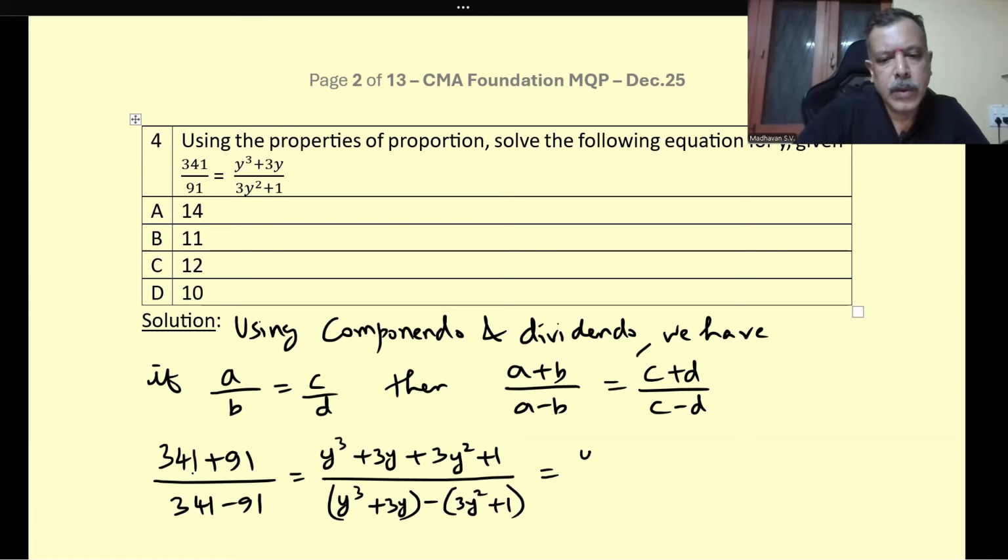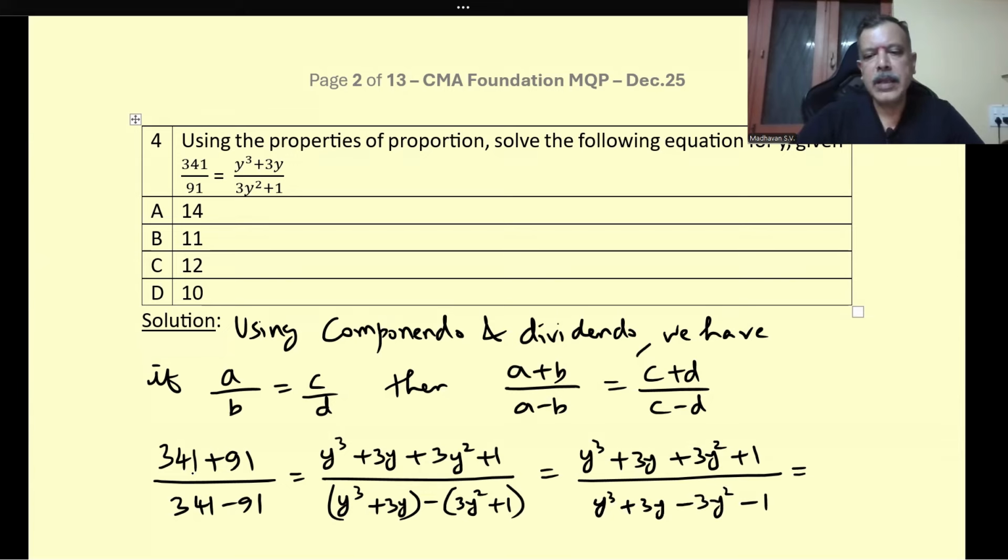So that is equal to y cube plus 3y plus 3y square plus 1 divided by y cube plus 3y minus 3y square minus 1. So the numerator is nothing but y plus 1 the whole cube. Denominator is nothing but y minus 1 the whole cube.